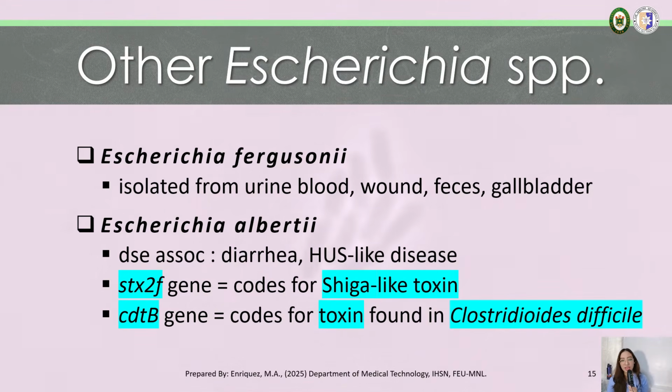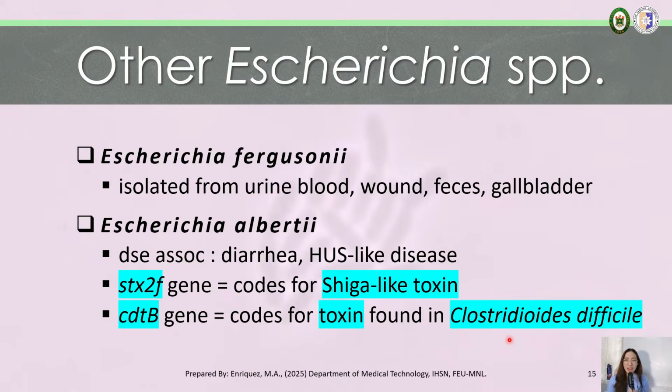Next, it could also carry the CDTB gene, which codes for the toxin found in Clostridioides difficile. So ulitin po natin, if Escherichia albertii carries the CDTB gene, then it may be able to produce the same toxin that could be found in Clostridioides difficile.